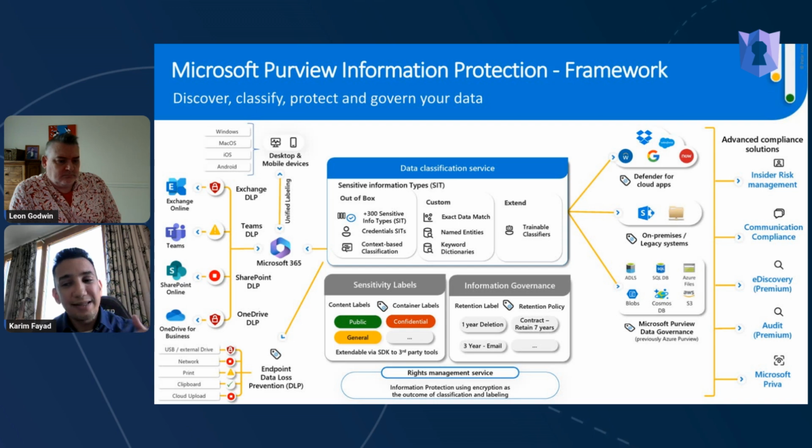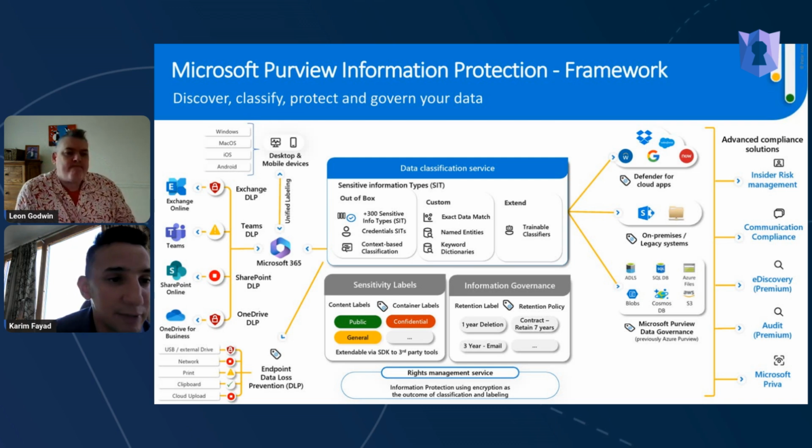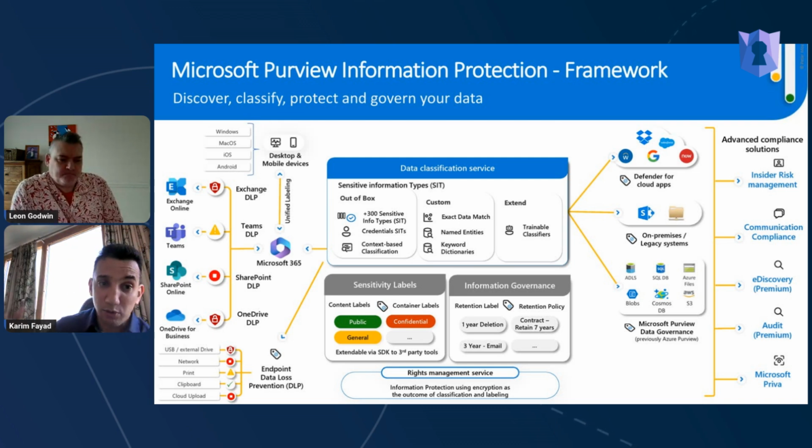Now, once you have classified your data, which is the first and most important part, then we can help you with labeling of that content. So for instance, let's say we use the credit card information SIT, the template. If the document contains credit card information, we can give that document a label, confidential or highly confidential or any other name. And then you can associate certain visuals with those labels.